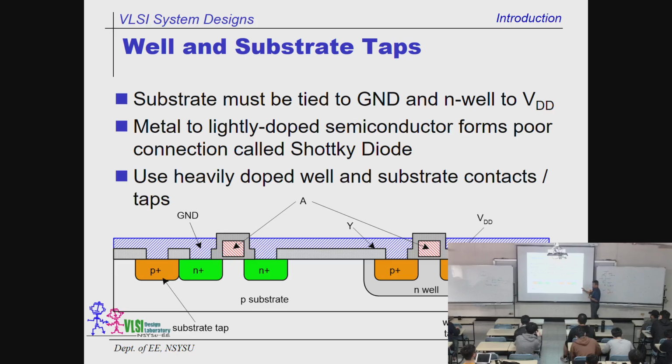Because here, if we like to turn on, when this voltage is high, picture this. If we have high voltage over here, what are we going to do? This is high, we are going to attract all the electrons in this area to here. You understood?